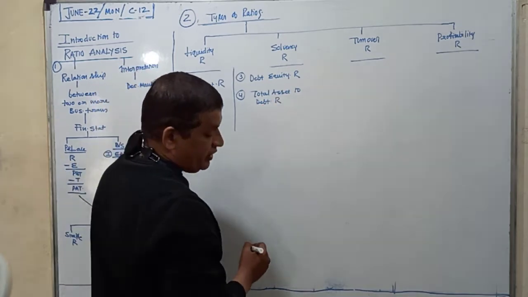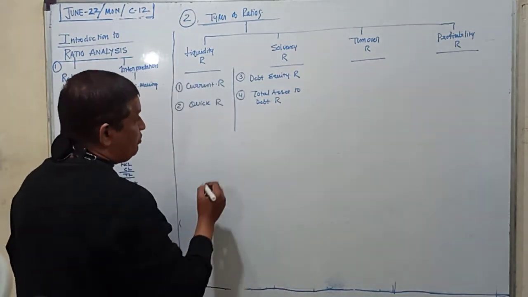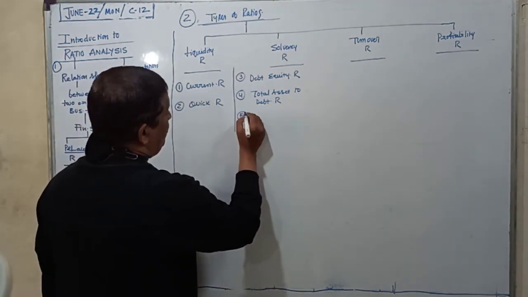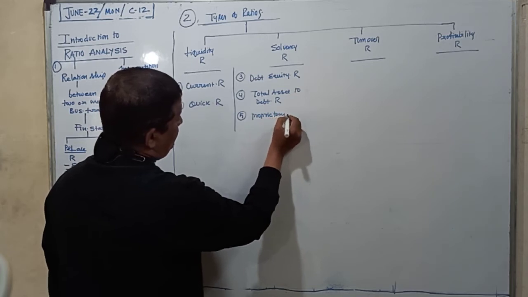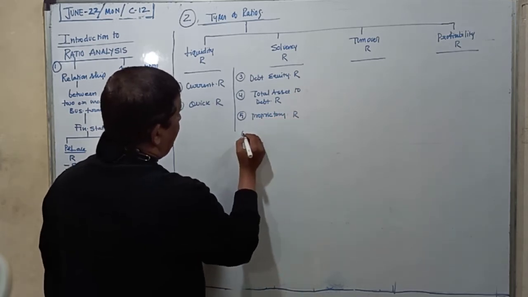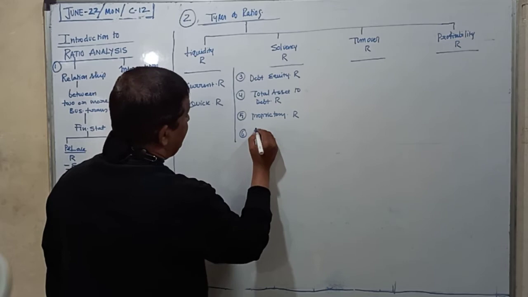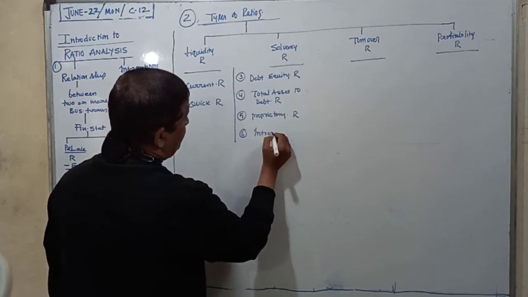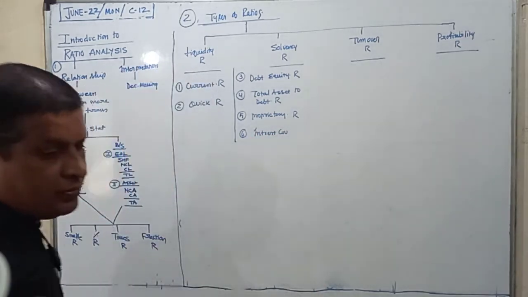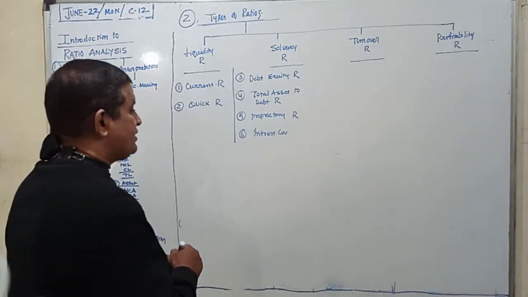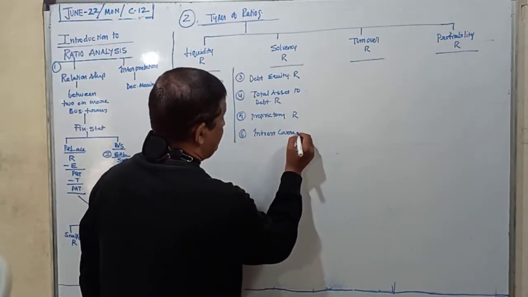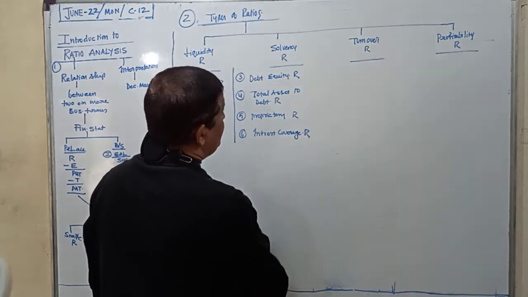We see debt equity ratio, total assets to debt ratio, then proprietary ratio, and 6, we see interest coverage ratio. And we look at interest coverage ratio.